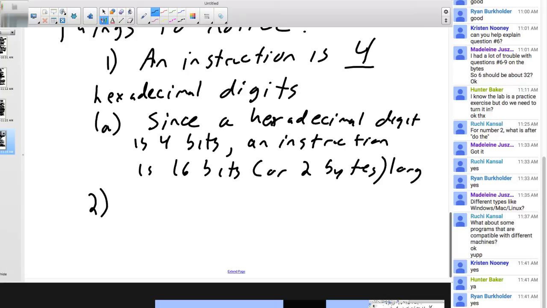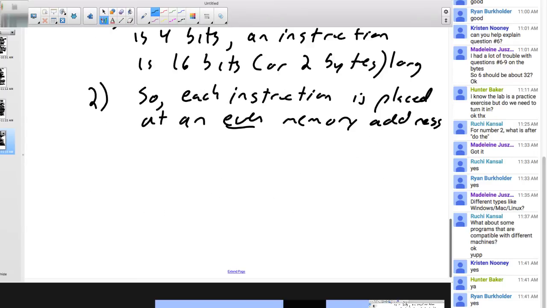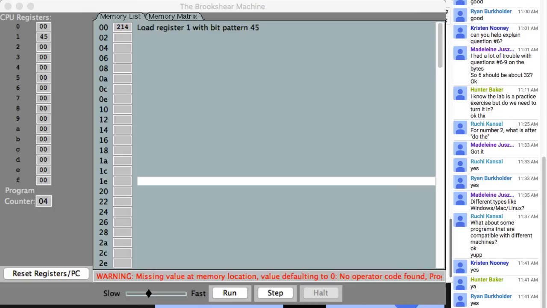The second thing to notice is, each instruction is placed at an even memory address. So this is why that chart of the machine here goes to 2.